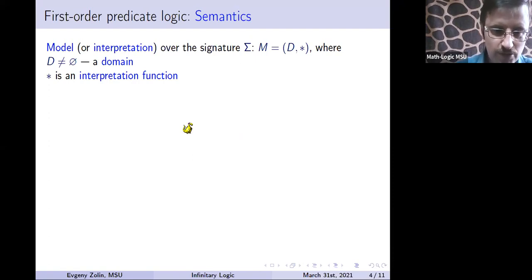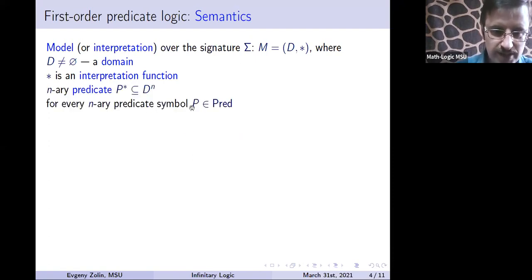What is the meaning of the symbol P? So assume that P is a predicate symbol, n-ary predicate symbol, it has n arguments. Then its meaning, P star, is an n-ary predicate, n-ary property, in other words. So it is a subset of D times D times D, and so n components.